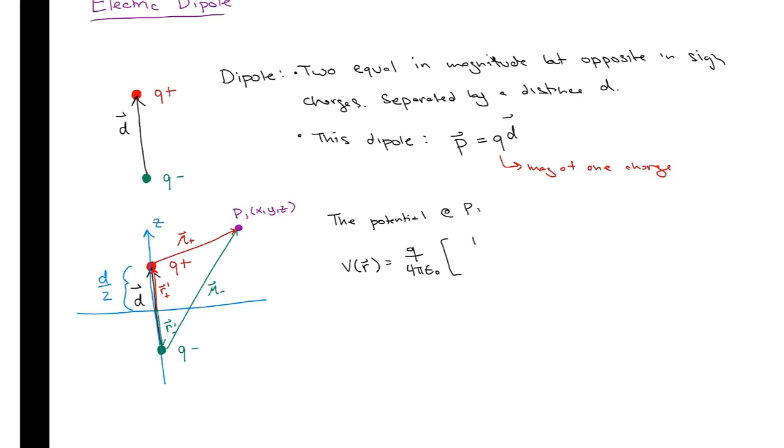Then it's going to be 1 over the magnitude of our positive separation vector minus, and the minus sign comes from the fact that this charge is negative and I pulled the charge out here, minus the magnitude of that negative separation vector.